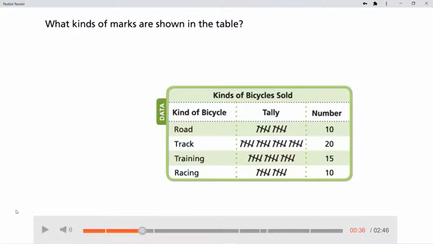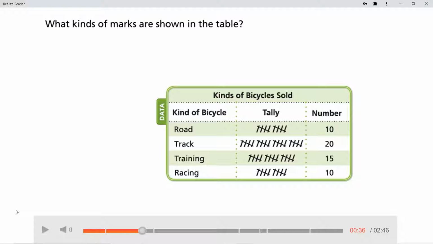Okay, now before we go on, let's go back and review what we just found out. So we said that the information here is put into what we call a frequency table. Now, the word frequency comes from the word frequent, or how often something happens. So a frequency table will show you how often something got picked. For example, if you're doing a survey and you're asking people what their favorite sport is, how many times soccer got picked as a favorite sport, that tells you the frequency that it got picked, or how frequently people picked it.